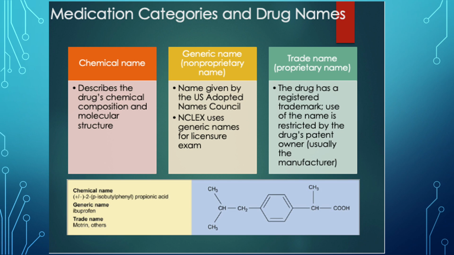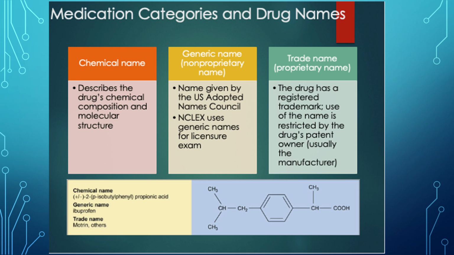An example of a generic medication that you might know is acetaminophen. It's not capitalized. It has a lot of letters in it, but its proprietary or brand or trade name is Tylenol. We also have ibuprofen, which people take for headaches. That's a generic name. It's not capitalized, but it's also known as Advil, which is capitalized with an A in Advil.